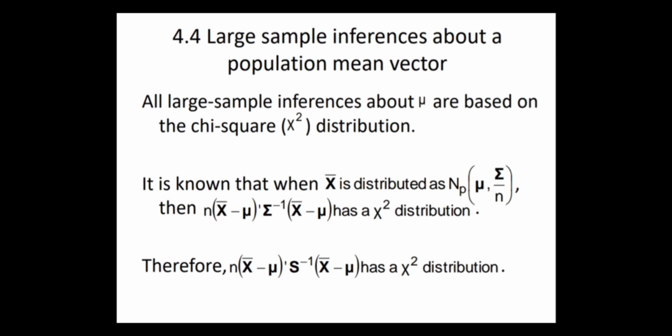We can assume any distribution of data can be normal if a large sample size is involved. So for all large sample inferences about the mean, we will use the chi-square distribution.